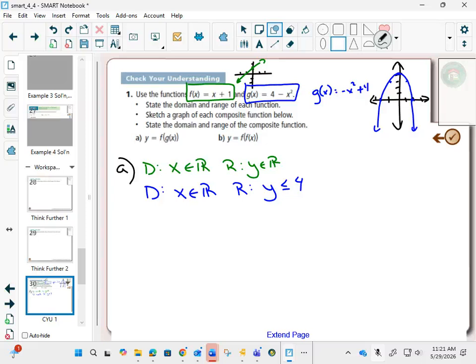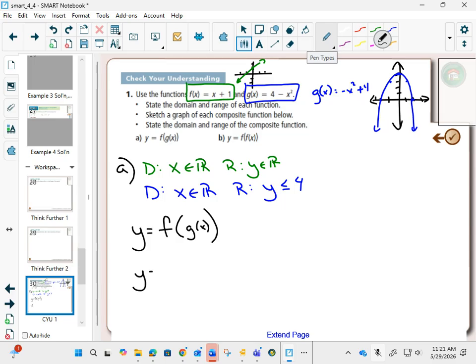So for A, we have y equals f of g of x. And I know what g of x is. So to get the explicit equation, I replace the g of x with 4 minus x squared, because that's what g of x is equal to. Now the f machine says whatever you plug into f, you add 1 to. It's a pretty easy machine. Plug in a 5, you get 6.